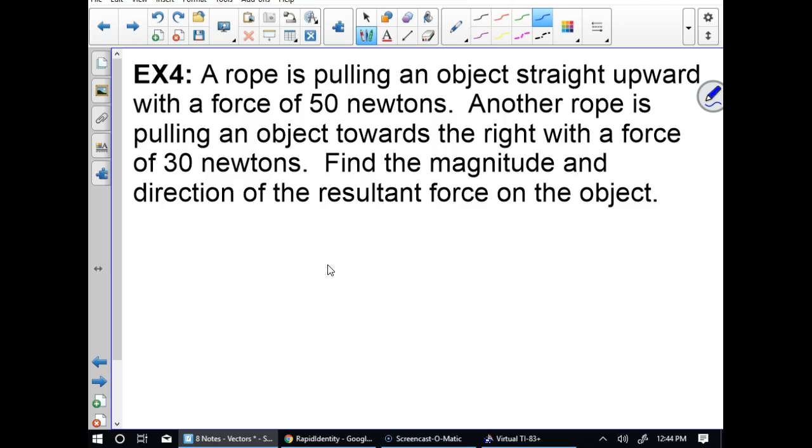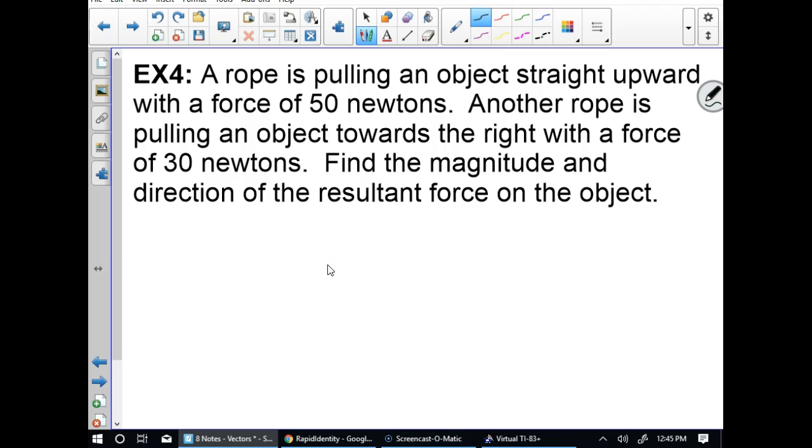So if you imagine that we had some sort of object sitting here, maybe on a desk, and I give Lakin a rope and I give Justice a rope, and they're pulling in these directions, then the object should kind of go upwards and to the right?